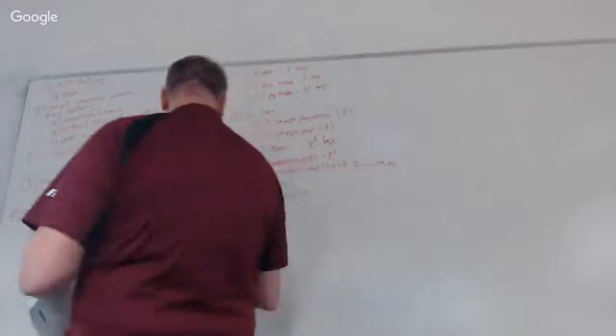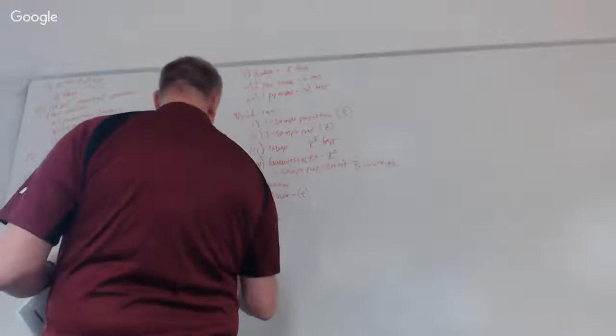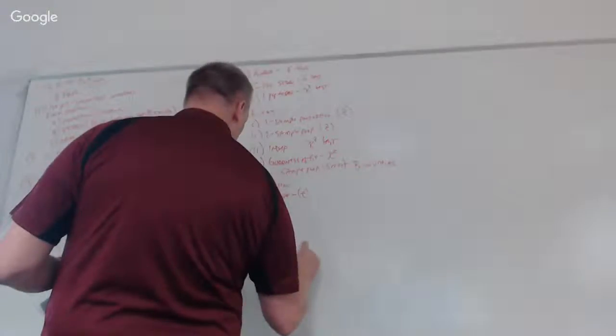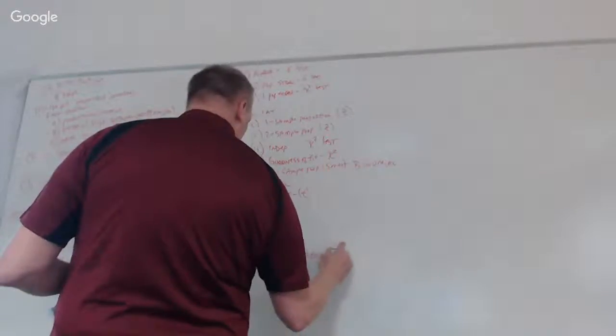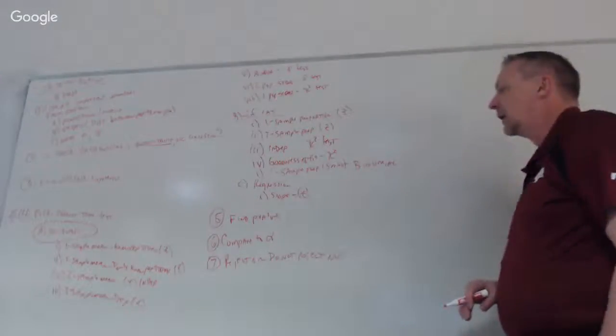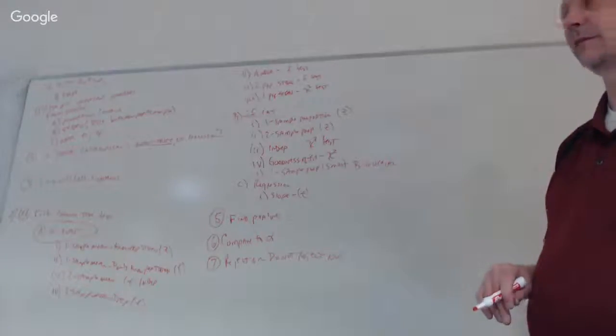Step number 7, you need to decide whether you're going to reject or do not reject the null. Okay? So this can also be a difficult step.